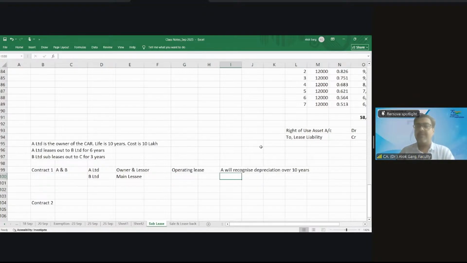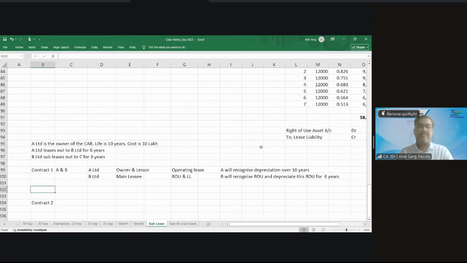B will recognize ROU and lease liability, and depreciate this ROU over 6 years. A has recognized the asset at 10 lakh rupees, but B will recognize the asset at the present value of the rental paid.